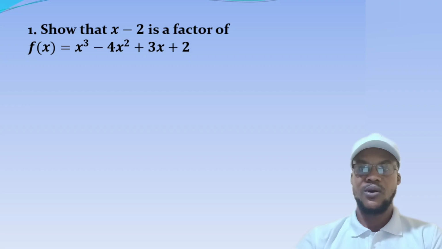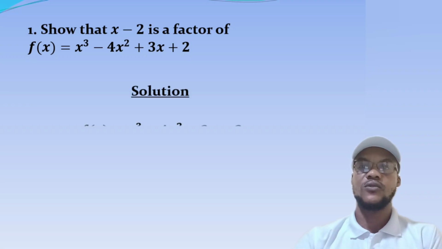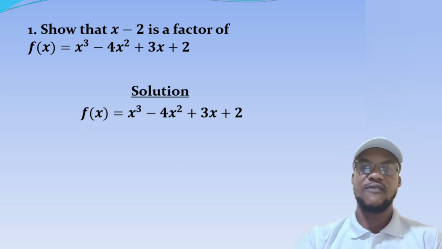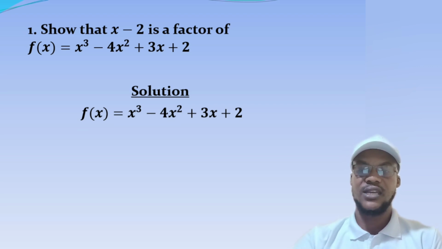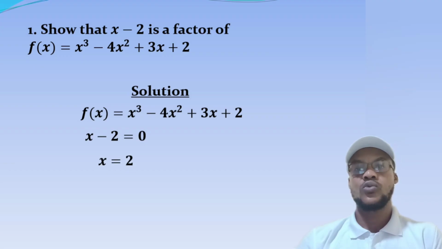So how do we go about this? First of all, you need to find the zero of the divisor, as we did previously in the remainder theorem. Let's write our solution, and then write the given polynomial function f of x. Then we find the zero of x minus 2. So x minus 2 is equal to 0, and x gives us 2.